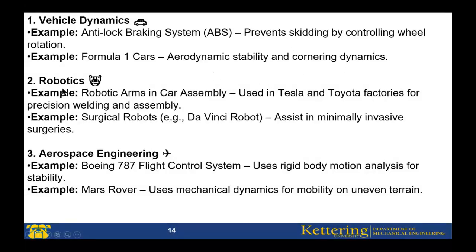and these are the reasons why we need to learn about the kinematics of the rigid body. In robotics, for example, robotic arms in car assembly are types of rigid bodies, or in surgical robots, or in aerospace, Boeing is one, or in space, the Mars rover.